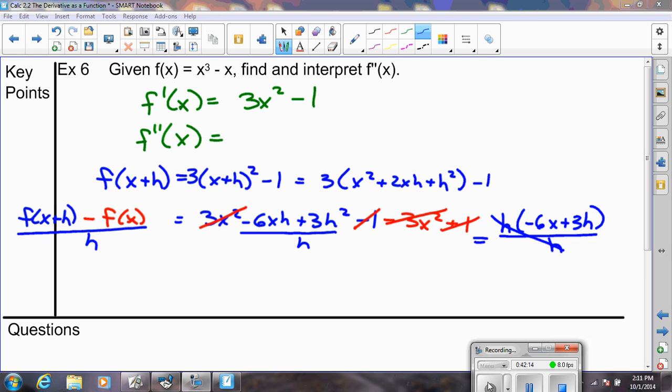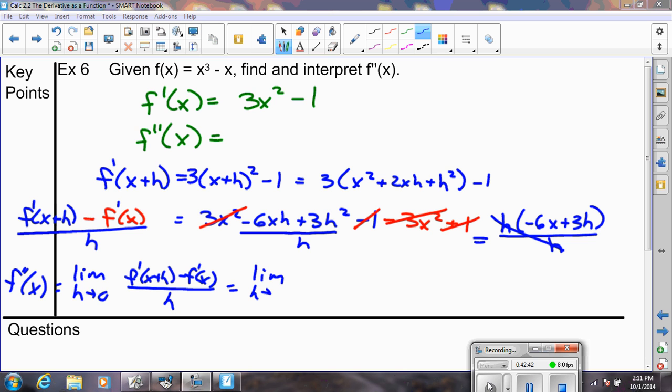And that's relevant for us because then we could say the limit as h approaches 0 of f of x plus h minus f of x all over h, which happens to be f prime of x prime, which tells us f double prime of x is the limit as h approaches 0 of 6x plus 3h, which equals just 6x.